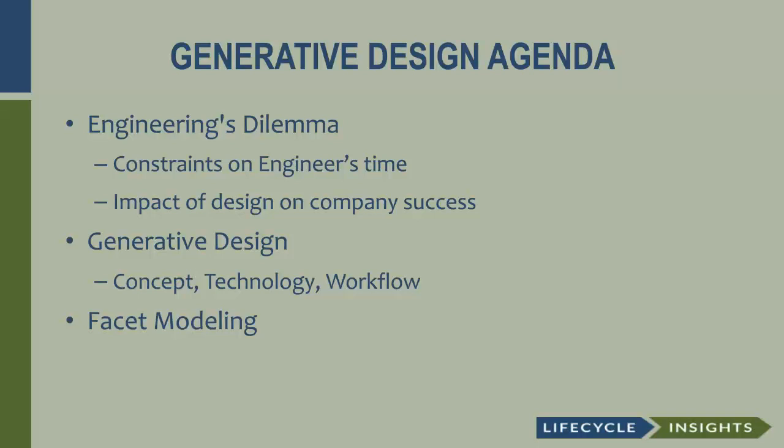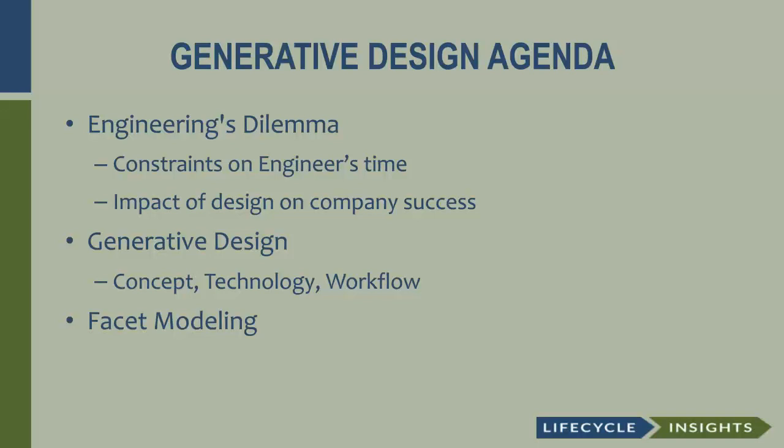And then we're also going to touch on FACET modeling. I'm sure a lot of you are pretty familiar with parametric modeling and direct modeling, maybe subdivision modeling, but FACET modeling is a topic that is highly applicable to generative design. So with that said, let's get started.